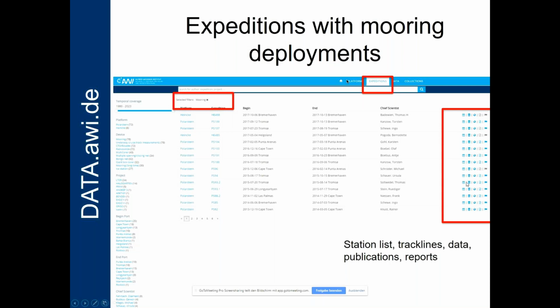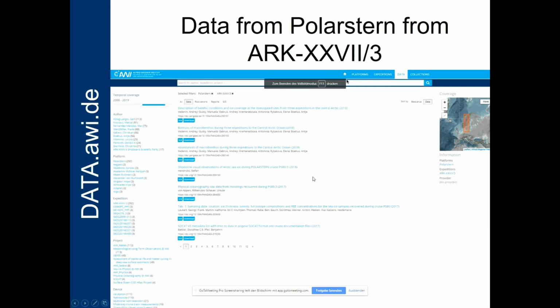Okay, and on the right-hand side, you can go straight to the stations or to the station list, or see the track line of a particular Polarstern leg or Heincke leg, and go straight to the data publications or reports.